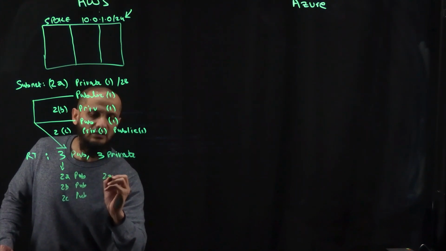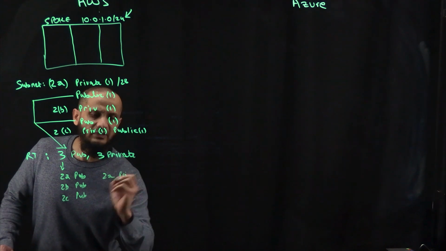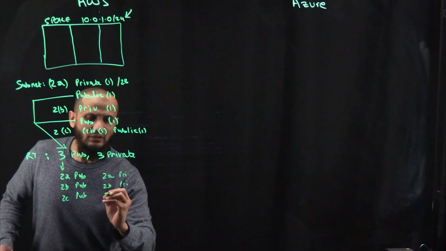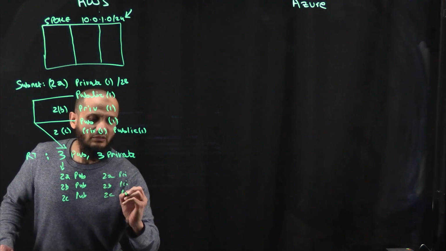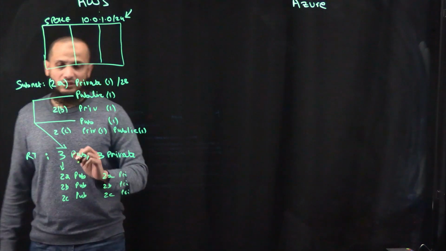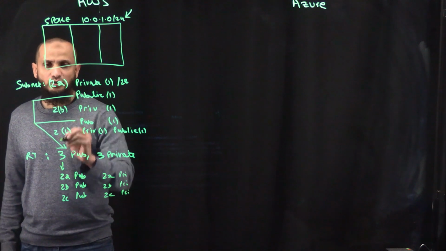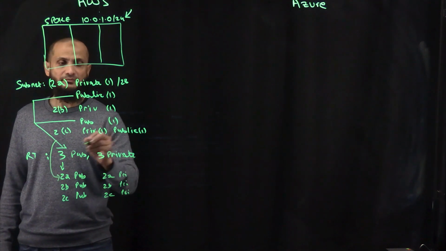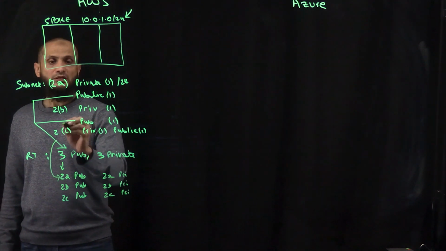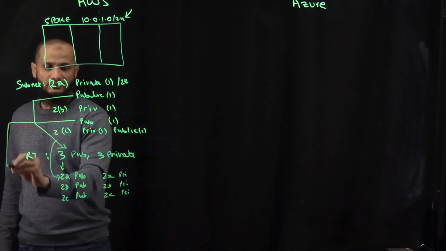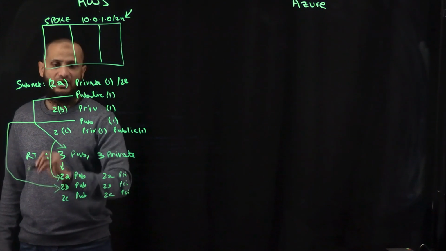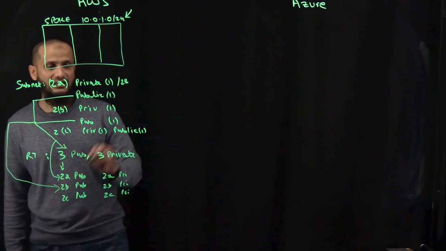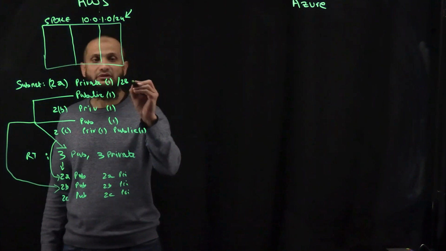Same thing over here, 2A private, 2B private, and 2C private. In this scenario, 2A will be associated here, and then 2B will be associated to this one, and 2C will be associated to this one. And same thing with the private also.